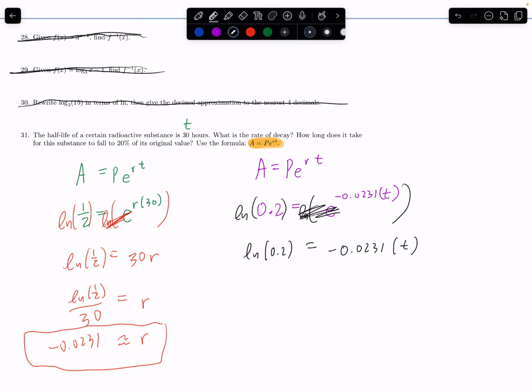Remember, I'm trying to solve for t, right? So divide both sides by that negative 0.0231. And t is natural log of 0.2 divided by negative 0.0231. Now, technically, this is an approximation as soon as I introduce this number right here. But I'll just say at the end that this is an approximation for t.